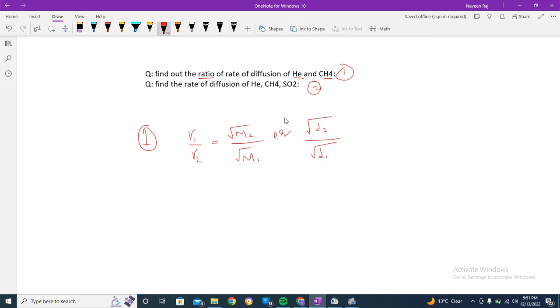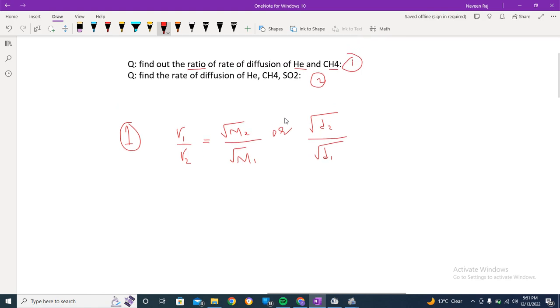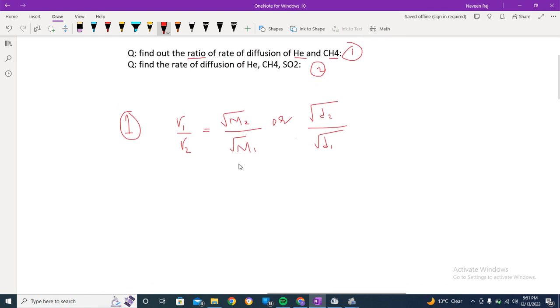In this question we are not given the density, so we will go for the mass factor. For R1 and R2, I am going to write R He for helium and R CH4.